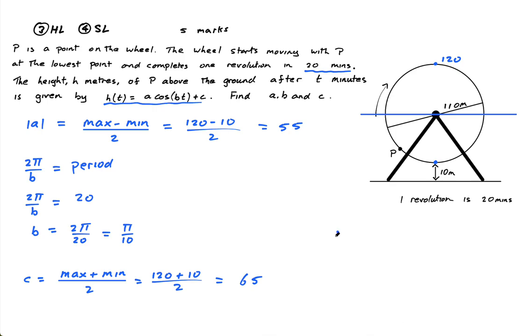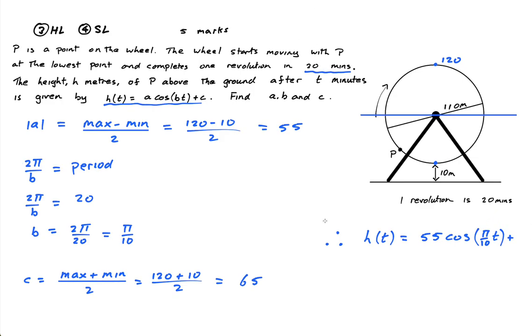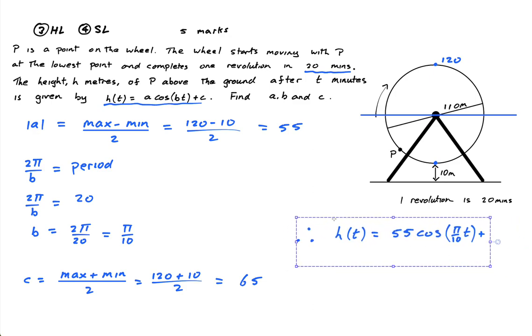Now, therefore, h of t is equal to, let's just try 55 for a second. If I have 55 cos of pi over 10 t plus 65.